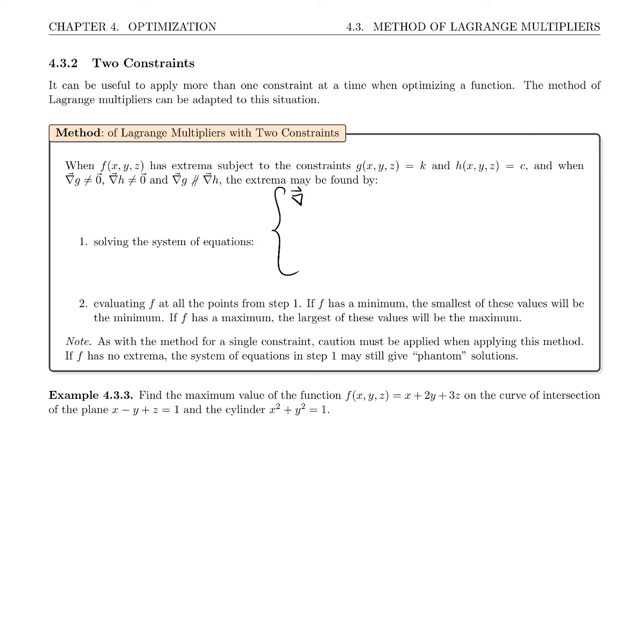This time, however, we need the gradient of f to be a linear combination: lambda times the gradient of g plus mu times the gradient of h, with the two constraint equations.